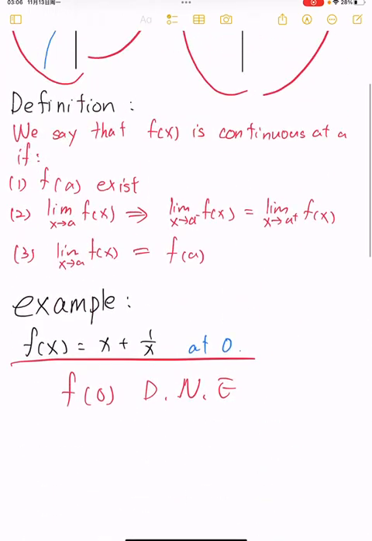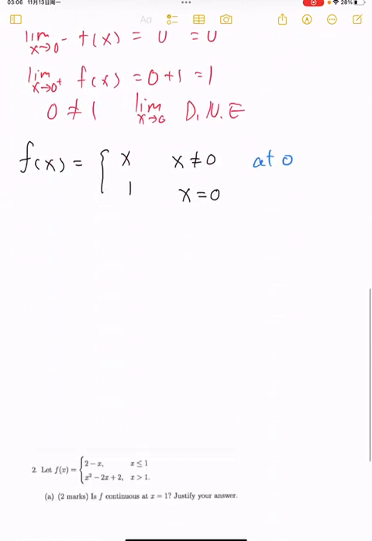Let's again check the three conditions. Does f of 0 exist? F of 0 equals 1. Does the limit exist? Does the limit of f of x at 0 exist? It doesn't matter in this case which side is approaching, since it's just going to be 0.